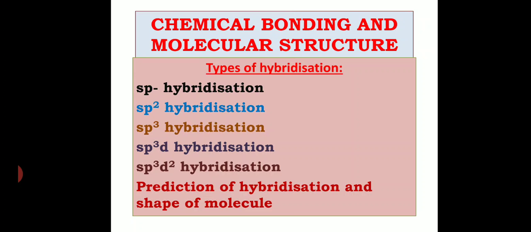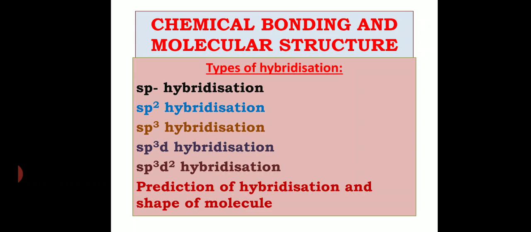In the previous class, we discussed the types of hybridization, right? We learnt sp, sp2, sp3, sp3d, and lastly sp3d2 hybridization. And you are aware of and familiar with the examples of these hybridizations, their geometry, and their bond angles, right?